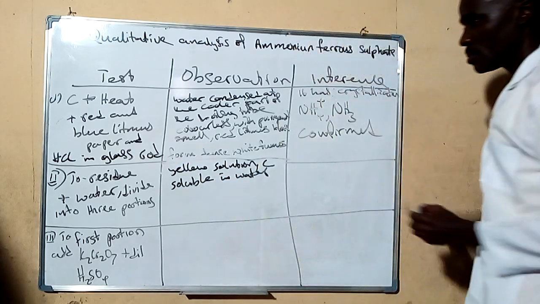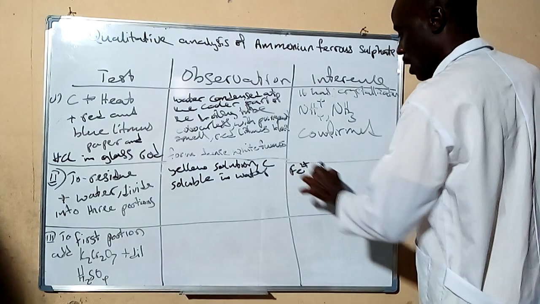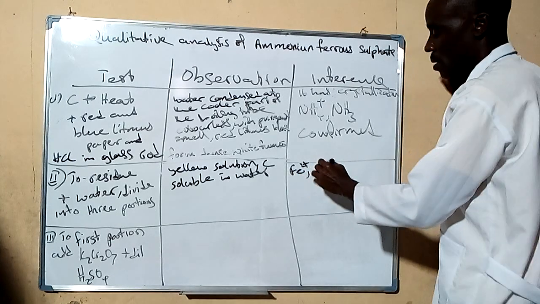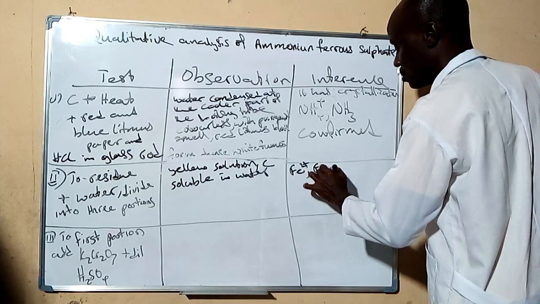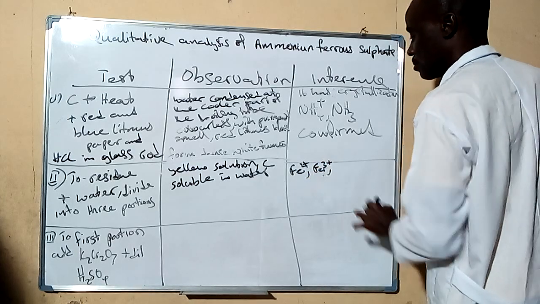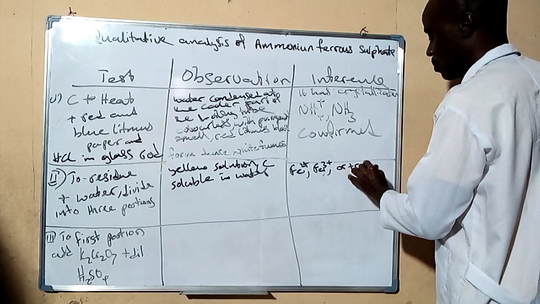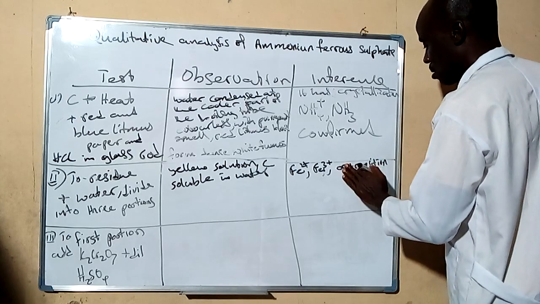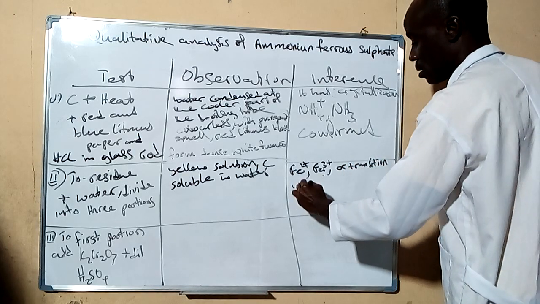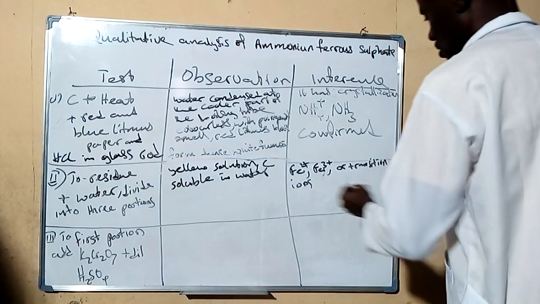And being colored, we have iron 2 ion, iron 3 ion, or any other transition ion which is likely to be here, because colored ions are one of the characteristics of transition elements or ions.